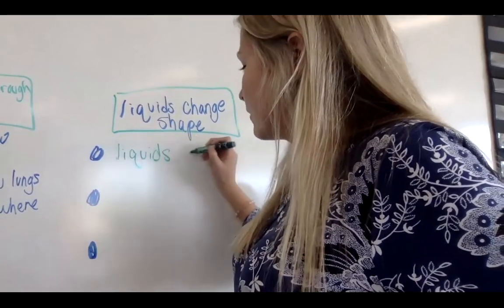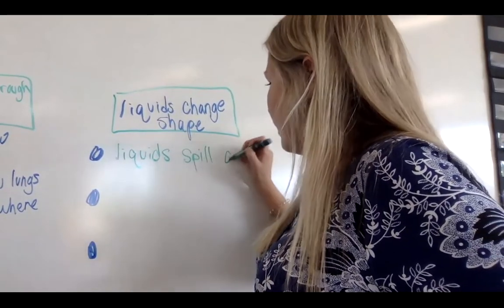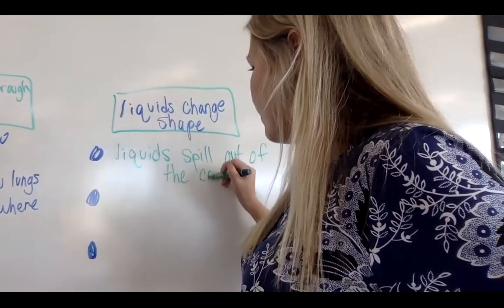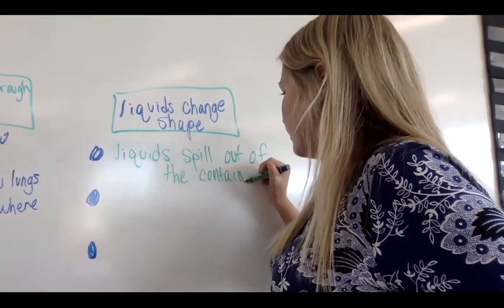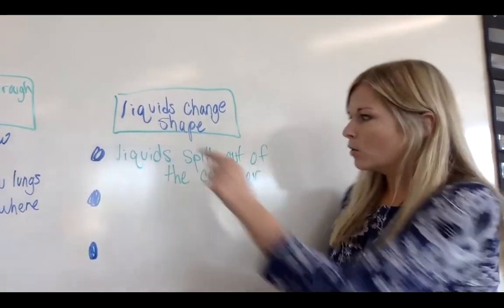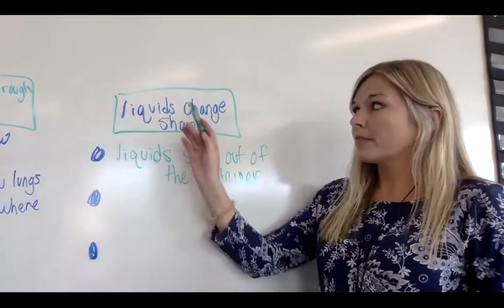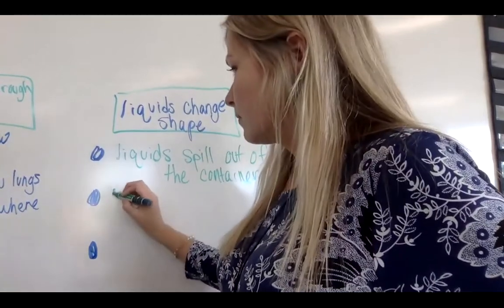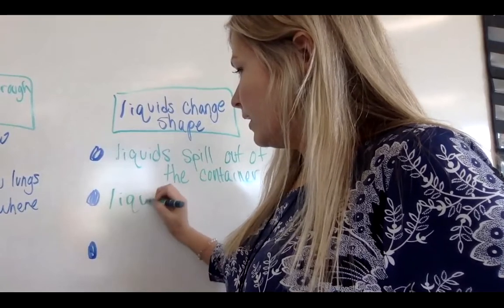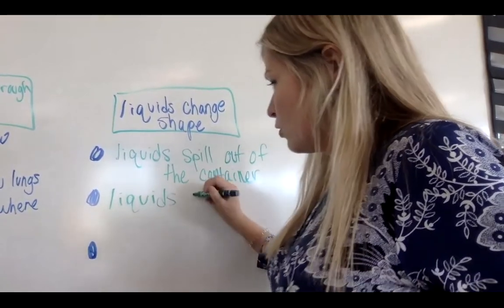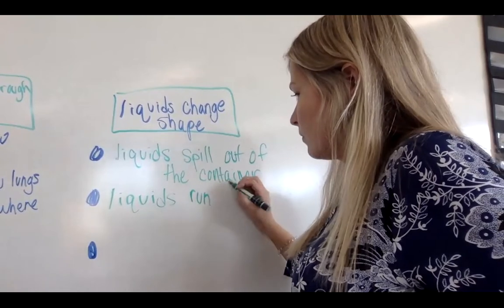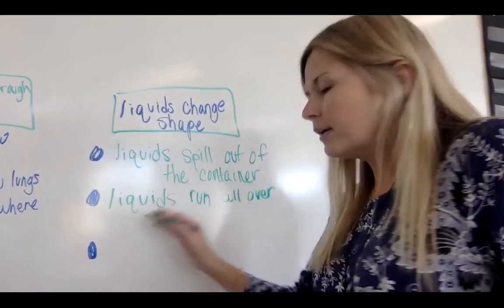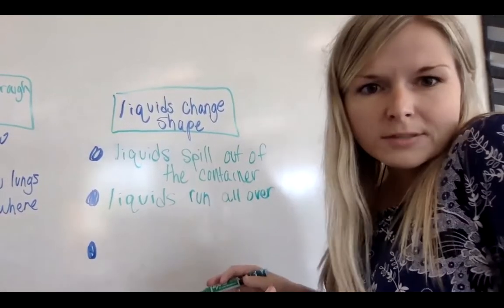Liquids spill out of the container. Okay, so liquids spill out of the container. Yep, that's proving that liquids change shape. Liquids run all over when you spill it.